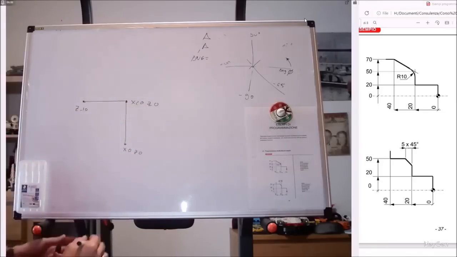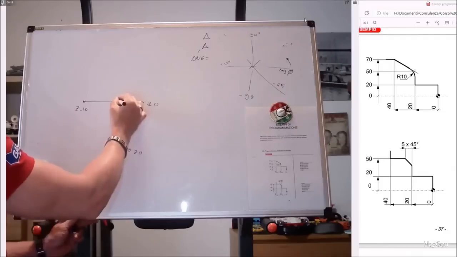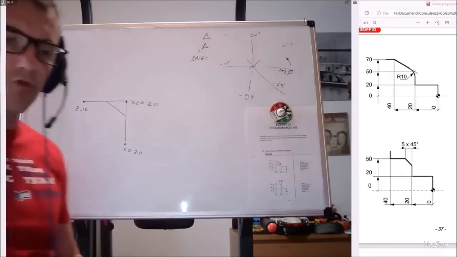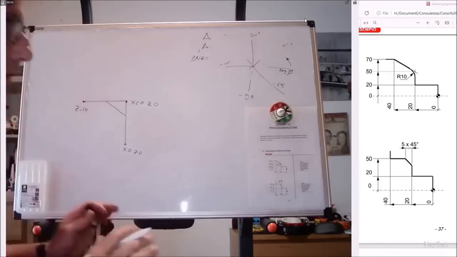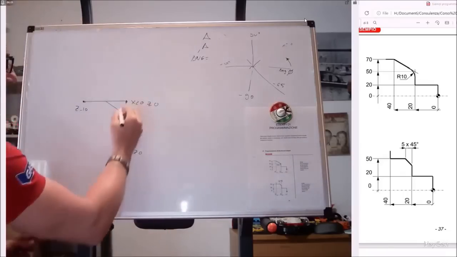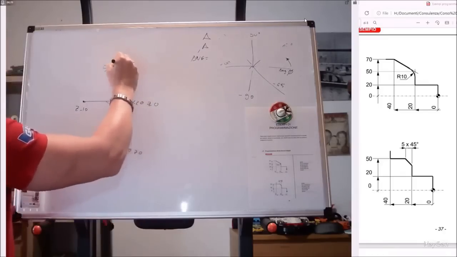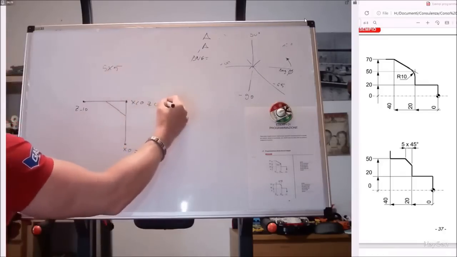Since I want a chamfer of 5x5 here, it must be a 45-degree chamfer, a chamfer of 1x1, 2x2, in our case 5x5. So I will go here and set it to C5.